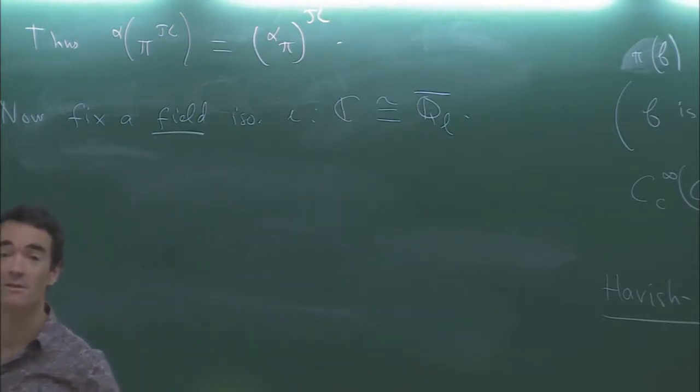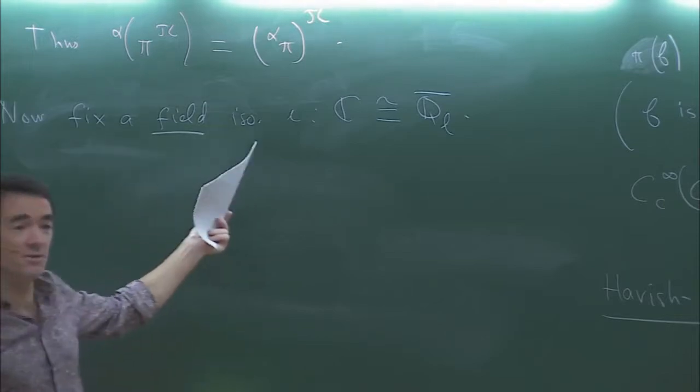It looks strange, but it exists. C and QL bar are isomorphic as fields. So you fix such an isomorphism. Of course, it is not unique. If you consider two such isomorphisms, they differ by some automorphism alpha of C.